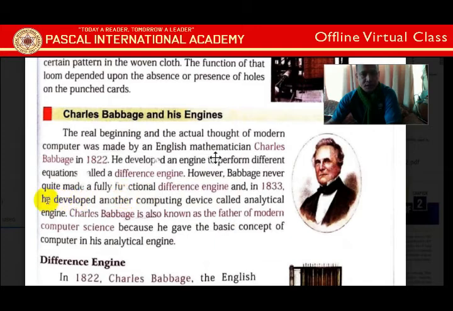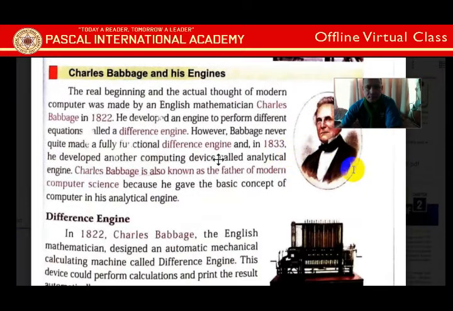He developed another computing device called the Analytical Engine also. Charles Babbage is also known as the father of modern computer science because he gave the basic concept of the computer in his Analytical Engine. I hope you know about Charles Babbage. He is the father of modern computer science.